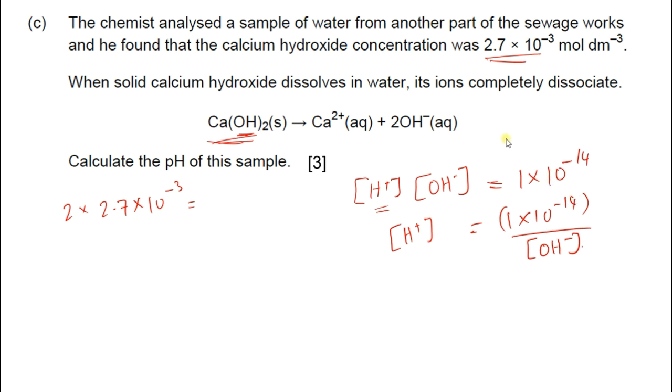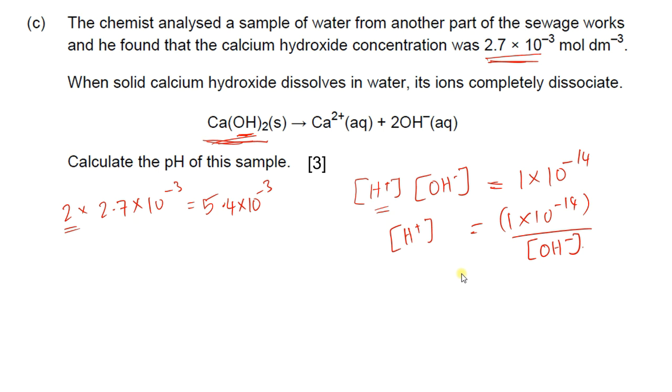So you have to use the ionic product of water, 1 times 10 power minus 14, divided by the concentration of OH. We don't know the concentration of OH, but we have the concentration of the calcium hydroxide. Mind you, each formula unit contains 2 OH minus ions, so you have to multiply the concentration of calcium hydroxide by 2.